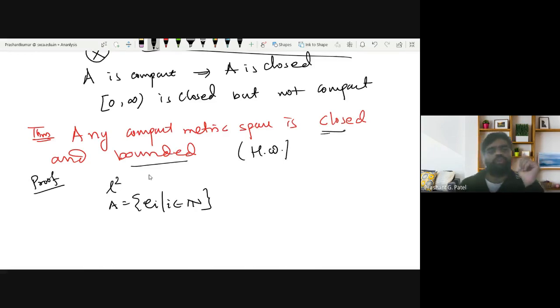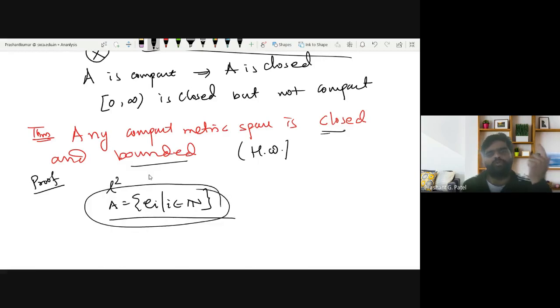In the real line, if you try to find such an example, you will not be able to, so you have to look at another space. This is a bounded set, but it is not totally bounded. This will definitely work. It is not totally bounded, so that is why it is not compact. It is a closed set, which you can prove easily, and it is bounded also, which one can prove as well.